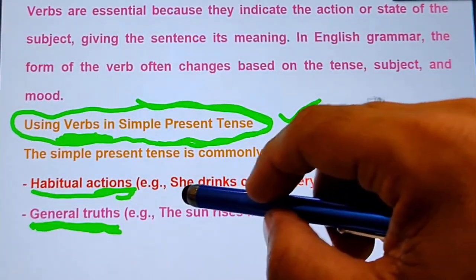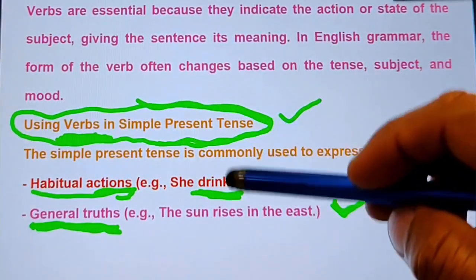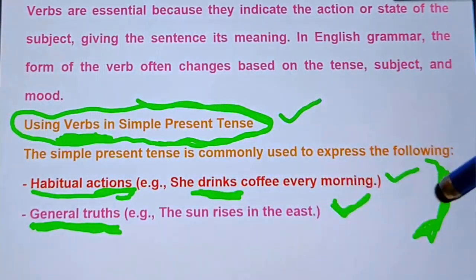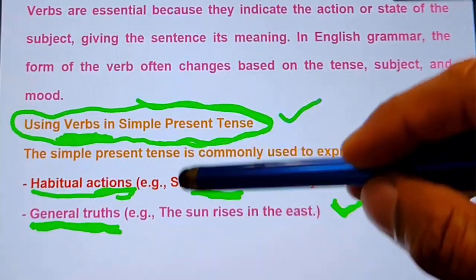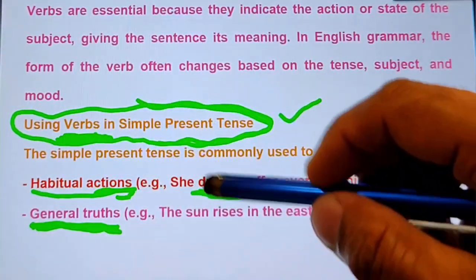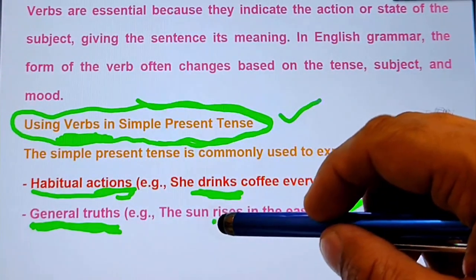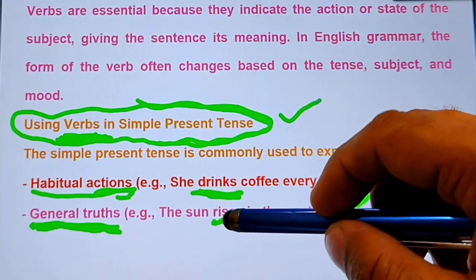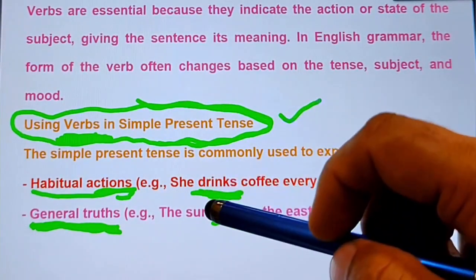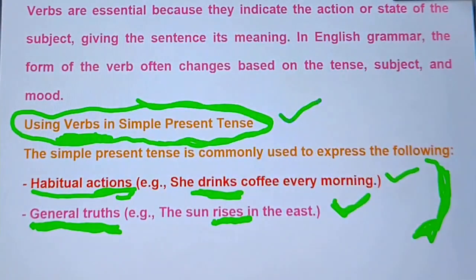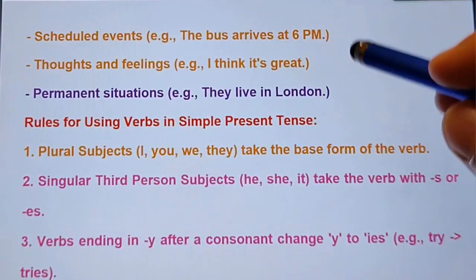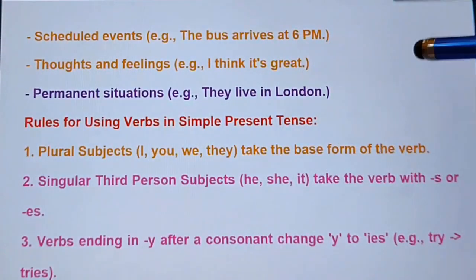So, she drinks. Drinks describes the subject. She drinks coffee every morning. So this is describing a habitual action, and the other one is rises: the sun rises in the east, and this is describing a general truth.